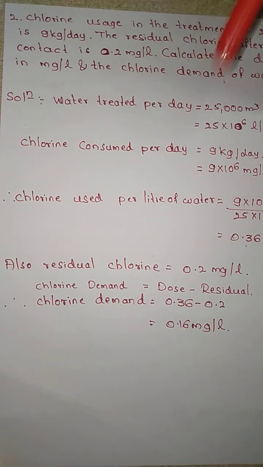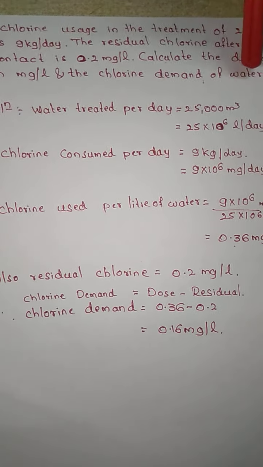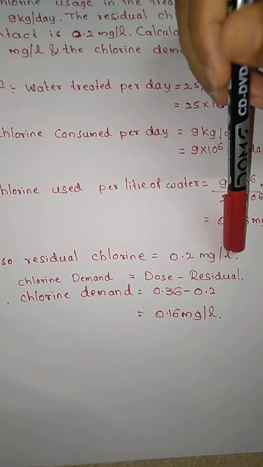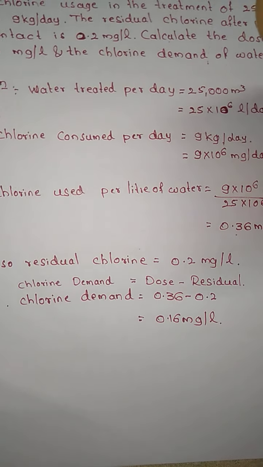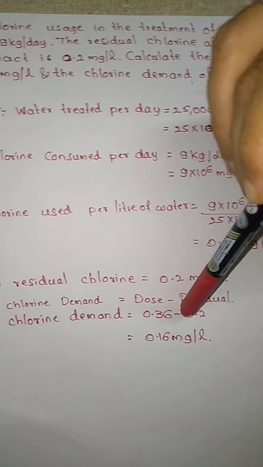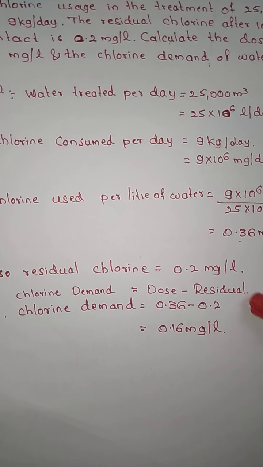What we need to determine, they have told you to determine the chlorine demand of water. So chlorine demand is equal to dose minus residual chlorine. Dosage we have already determined, 0.36, minus residual chlorine they have given in the problem.